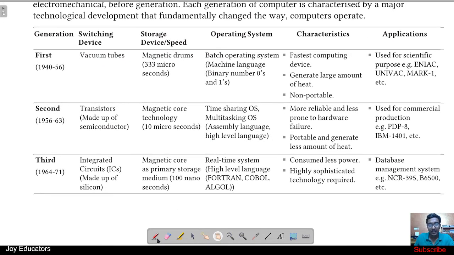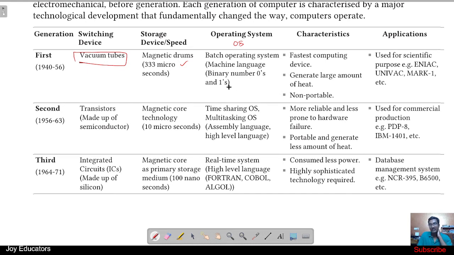The first generation is from 1940 to 1956. 1940 means it's about the time of the world wars. The computer is the size of a big room. We have vacuum tubes, the storage device is magnetic drums, and the operating system is a batch operating system.